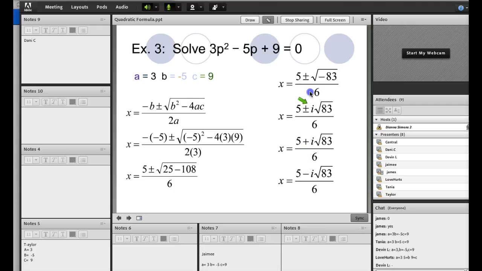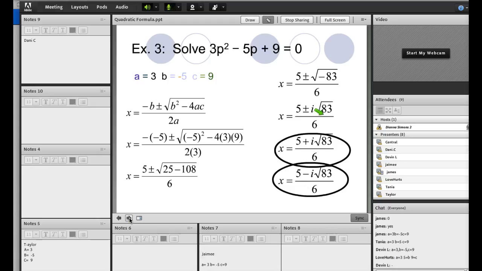Anyway, okay, so once we do this work, the square root of -83, anytime you have the square root of a negative number, you get this imaginary number, okay? If you get the imaginary number, that means that this parabola never crosses the x-axis. Right? It's either always above or it's always below, but it never crosses.